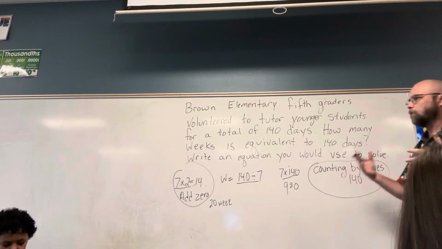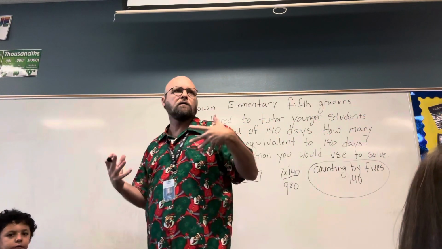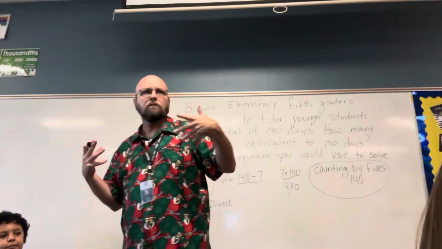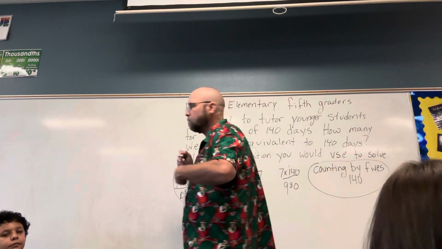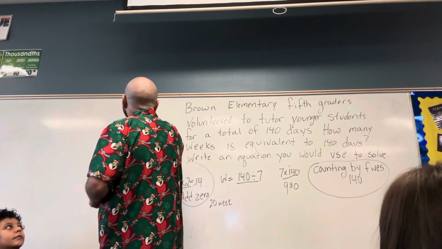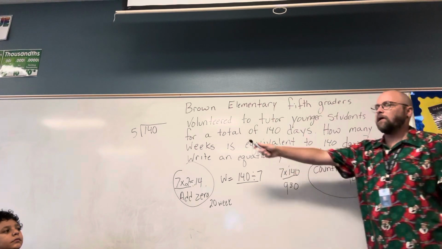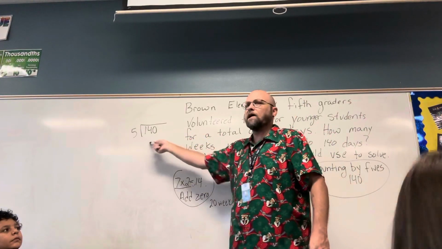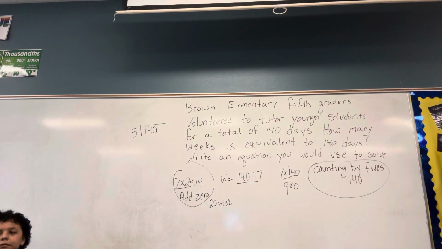Okay, anybody do it differently? I know people did it differently because I walked around and saw. People divided 140 days divided by 5. If I look at that, am I going to have a remainder? Does anybody have any idea if I'm going to have a remainder? Is 5 going to go into 140 evenly?